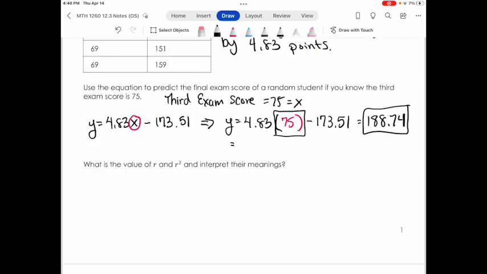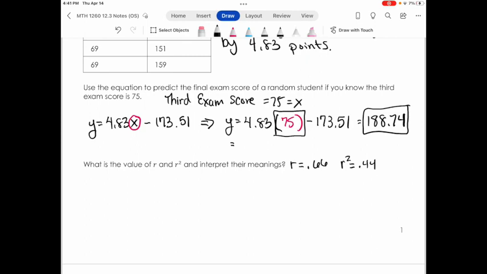So the last question in the first example says, what is the value of r and r squared, and interpret their meaning? Well, when we did linear regression, we got that r was 0.66 if we round to two places, and we got that r squared was 0.44 if we round to two places.